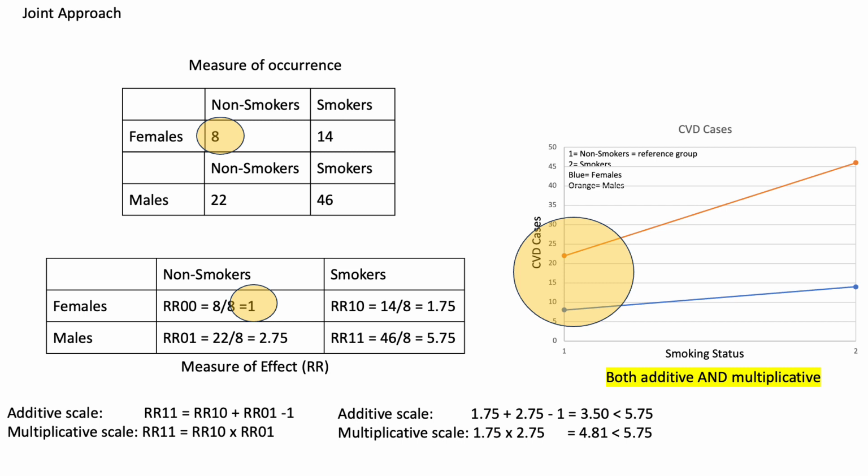And applying that formula to the numbers that we have, we saw that the female smokers, which is the 5.75, is greater than the additive effects, and also the 5.75 being greater than 4.81 indicates effect modification on multiplicative scale. Thus, matching the previous conclusion, this example has effect modification on both additive and multiplicative scales.